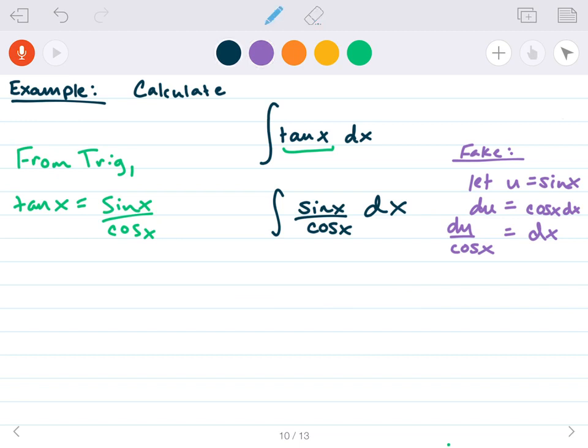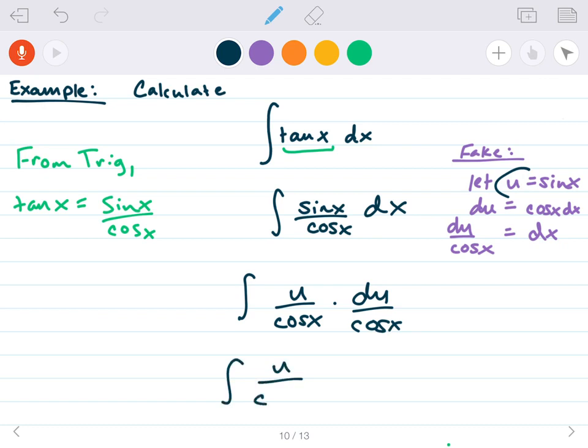If we make these substitutions in our integral, then we get u over cosine times du over cosine. And we're at a standstill because we're still in terms of x. On the bottom we have cosine squared, and on the top we have u. So this is not getting us anywhere with that substitution.